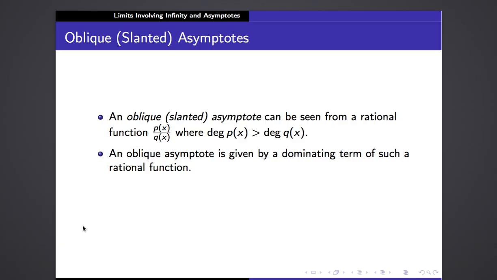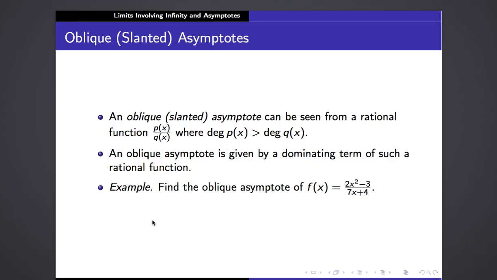You're going to see that from this example. So let us take a look at a simple example. Find the oblique asymptote of f of x equals 2x squared minus 3 all over 7x plus 4. That's a simple rational function, right?